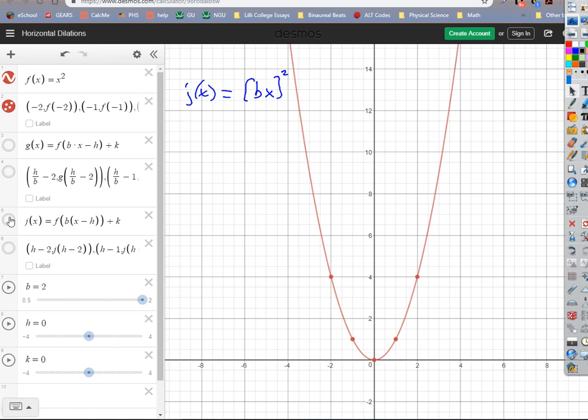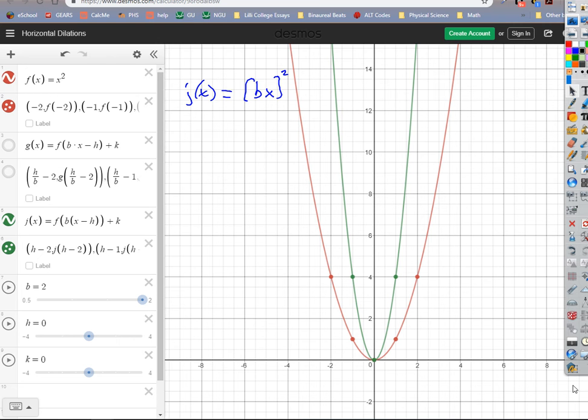Okay, so let's look at what happens though. This part's a little bit strange. If I turn this one on, look what it did. Okay, so it did something kind of strange. It pushed the points in instead of pushing them out. Now let's think why that might be.